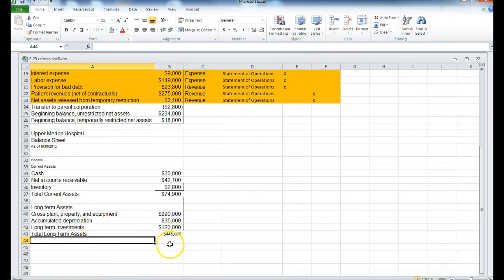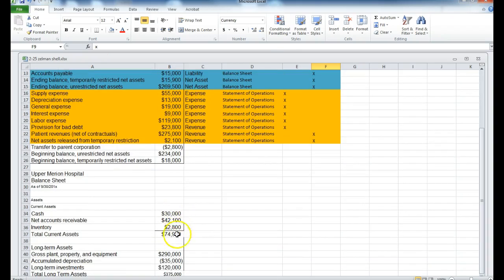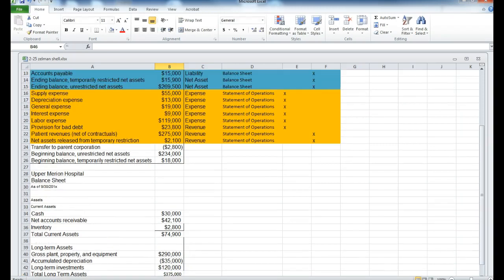So we have a little bit of a problem here in that our accumulated depreciation, remember that's a contra asset, so that should be a subtraction. We know that because if we look above here, we had this as a credit balance. So here's debit, credit. So debit would be positive, credit here would be negative. So here's our total assets, $449.9.